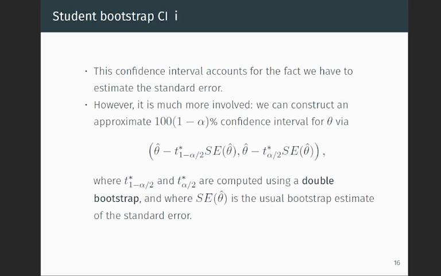And I'm going to explain how we get those t star values. But you can see the formula here. We're going to get theta hat minus t star 1 minus alpha over 2 times the standard error, and then theta hat minus t star alpha over 2 times the standard error. And we're going to get those 2 critical values using a double Bootstrap.